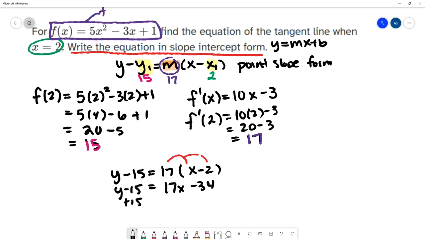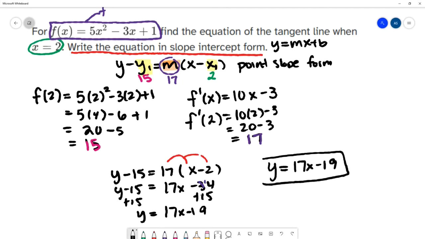And I'll add 15 to both sides, and that gives y equals 17x, and let's see, I'm going to have to borrow to get negative 19. So we have y equals 17x minus 19 being the equation of the tangent line at x equals 2.